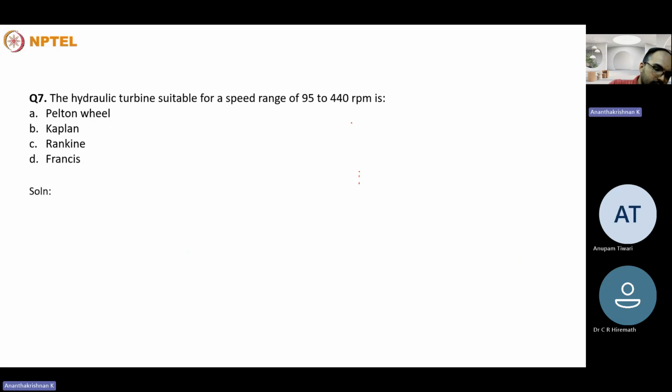The next question is actually a continuation of the previous problem.